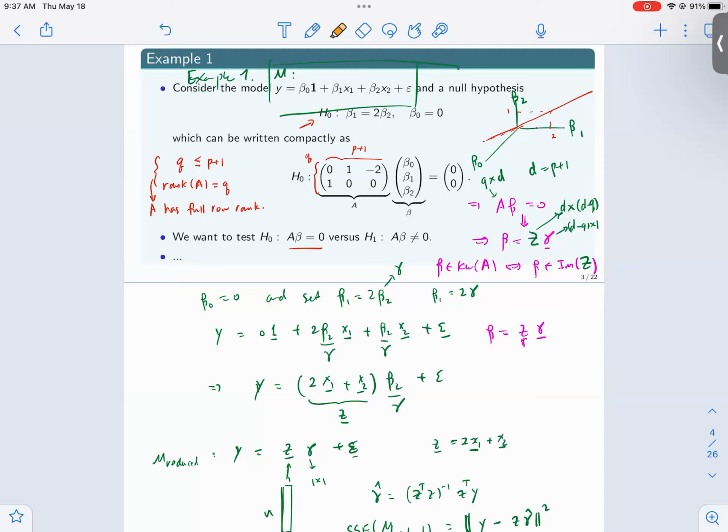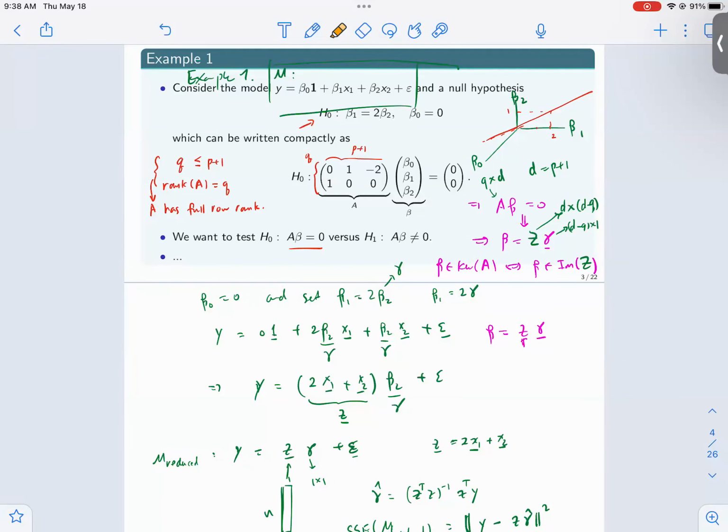If I write beta as Z gamma, then this is not going to be Z. Z has to be a matrix, but if gamma is one-dimensional, in general it would be D minus Q by 1, where Q is the number of constraints and D is the dimension of beta. So beta has 3 variables. We have 2 constraints, so D is 3, Q is 2, so I get 1. So gamma is one-dimensional, so this Z would be D by 1.